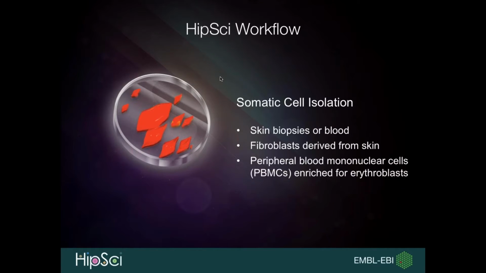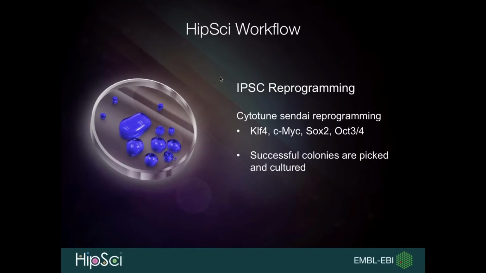If it's a skin sample, then we isolate fibroblasts from the skin. And if it's a blood sample, then from the PBMCs, they get enriched for erythroblasts. The next step is iPSC reprogramming.